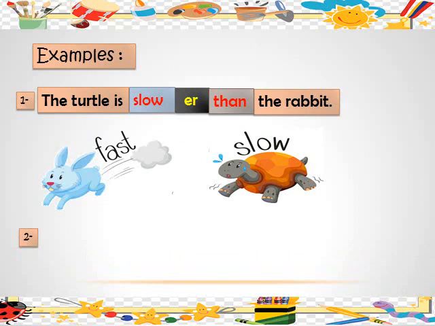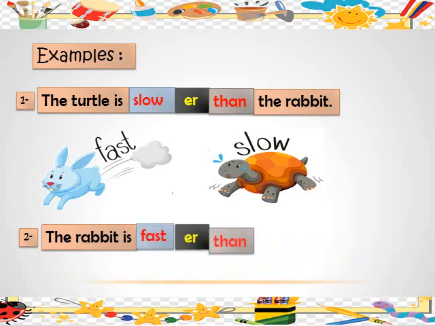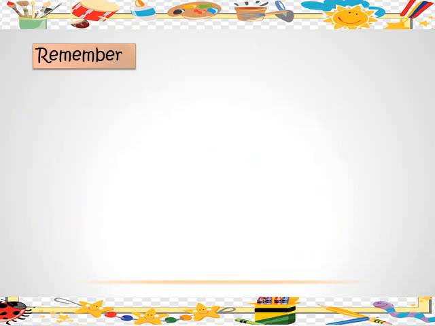Number 2, can you do it yourself and compare between the rabbit and the turtle? Start with the rabbit. The rabbit is faster than the turtle. Thank you for helping.